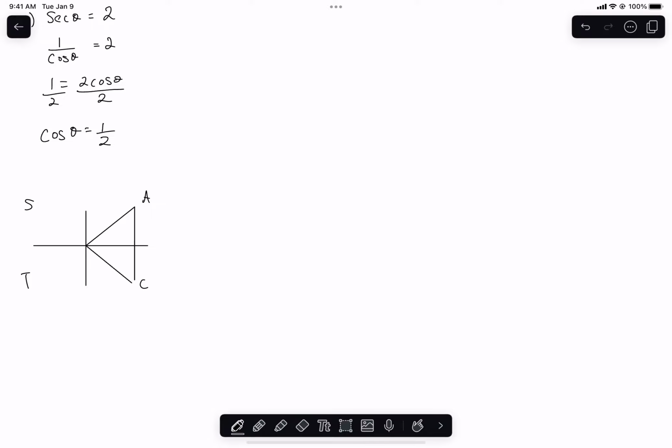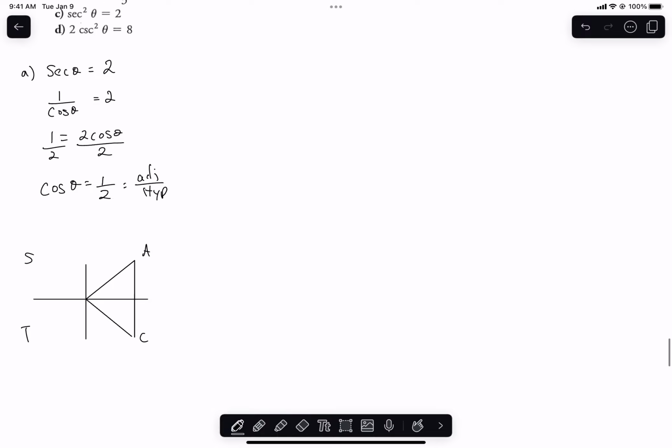Okay, and so subsequently, I should see that adjacent over hypotenuse is cosine. And so what I get is 1, 2, and 2 for both of these triangles. So if this is the 30, 60, 90 triangle, the only way to get that is if that is 60.